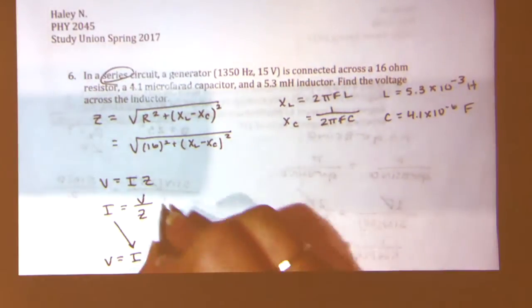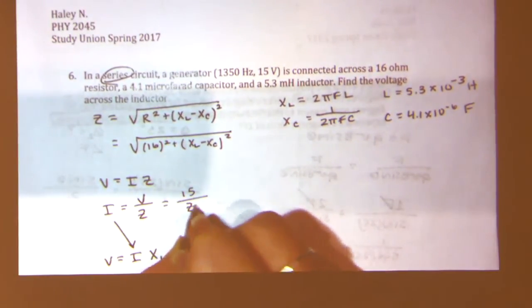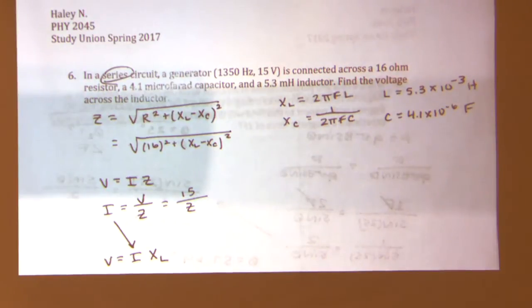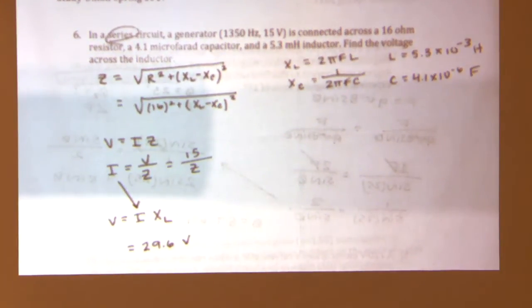So never mind. You couldn't have solved for the voltage of the whole thing because they gave you the voltage of the whole thing. That kind of makes sense. I didn't do all of the math, but it's just a lot of plugging into the calculator. So make sure you know these.